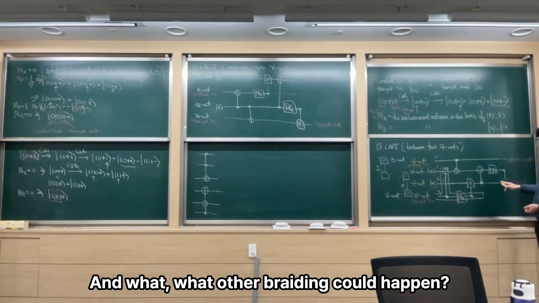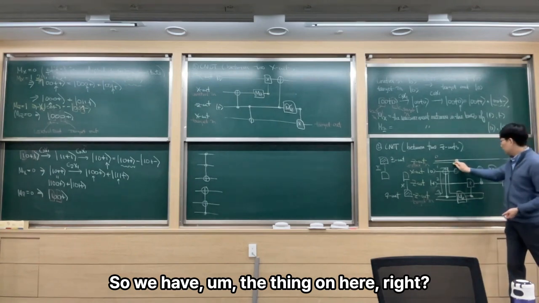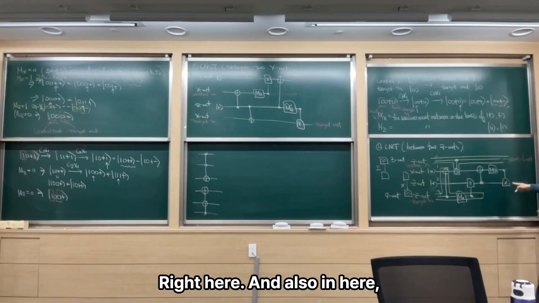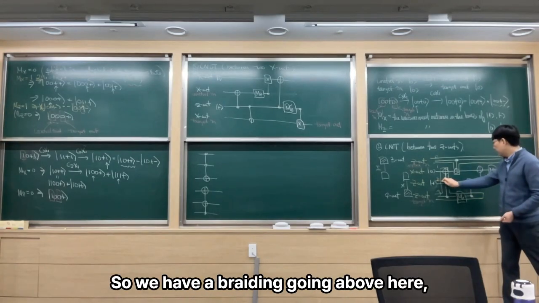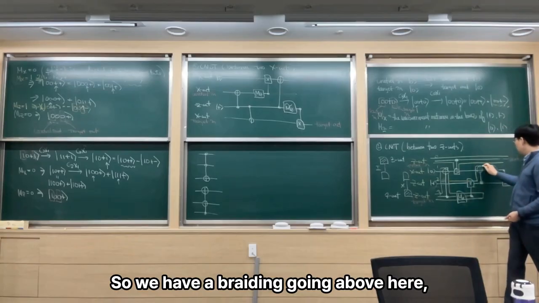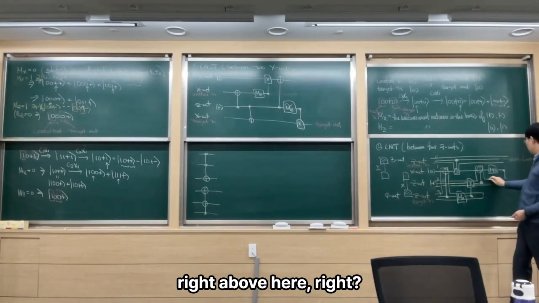And what other braiding could happen? We have the thing right here, and also in here. This one survived, so we have braiding going right above here.